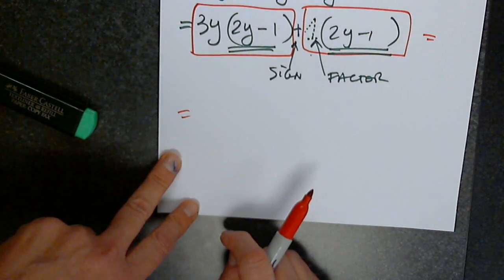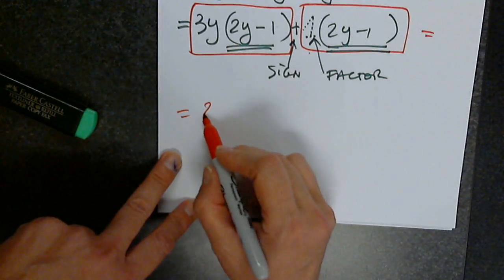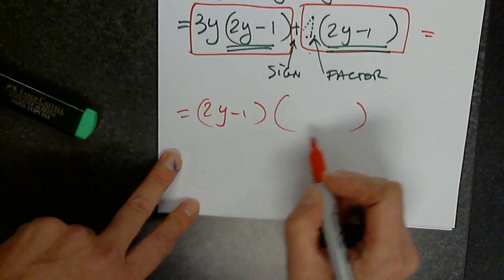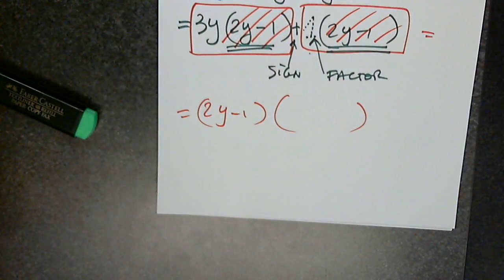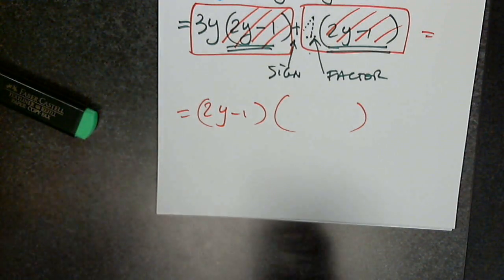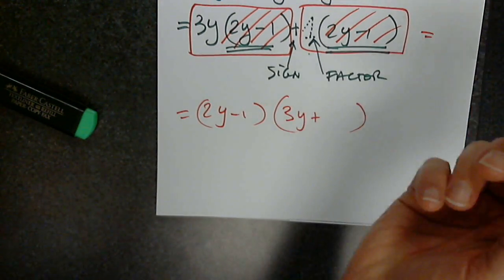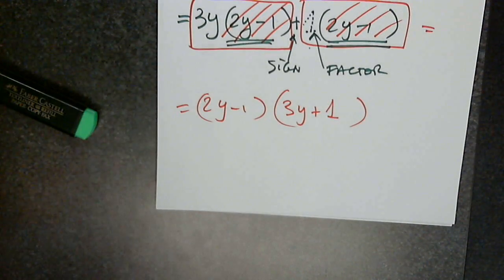No, I don't see 2. I see 2y minus 1. This is what I see. So this is coming out. What is left from the first term? 3y plus 1. What is left from the other term? Plus 1.